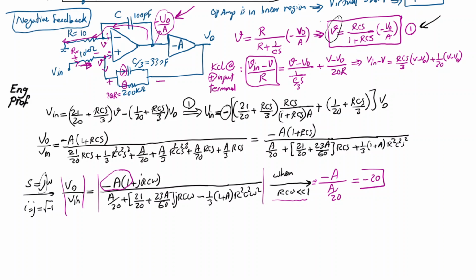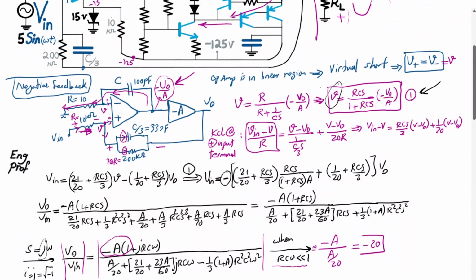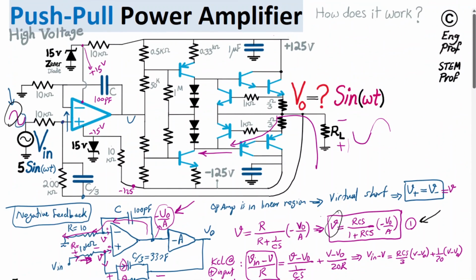That is completely expected. The reason is that the circuit is supposed to counteract in negative feedback. If we apply voltage at the input over a 10K resistor and this node is supposed to match this node, then counteracting that via a 20 times larger resistor, this is 10K, this is 200K, requires a 20 times larger Vout to counteract the impact of the Vin.